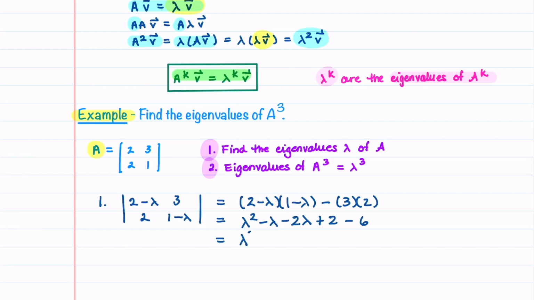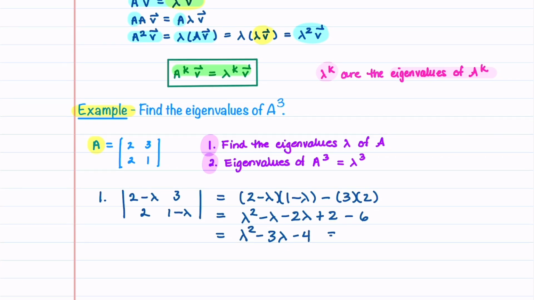This gives us lambda squared minus 3 lambda minus 4. We'll now set this equation equal to 0 and go ahead and factor it and find lambda. We can factor this equation as lambda plus 1, lambda minus 4, and that's equal to 0. So this tells us that lambda is equal to -1 and lambda is equal to 4.